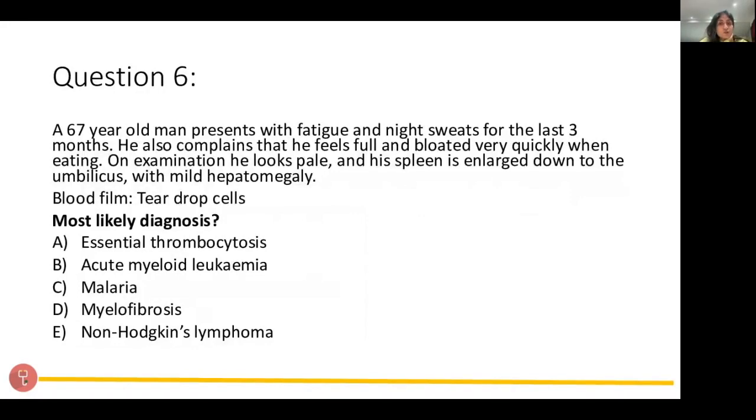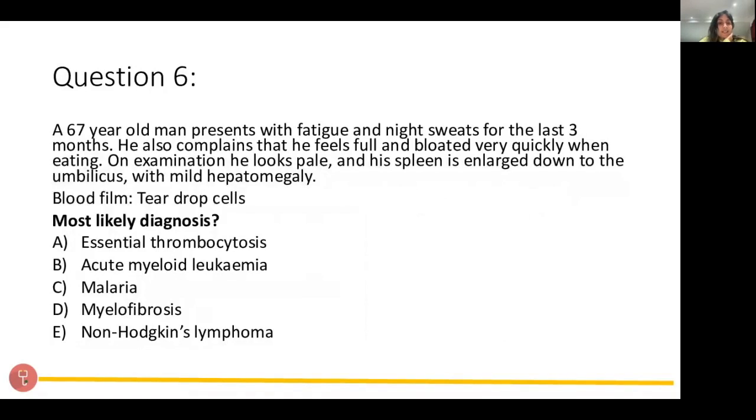So again, everyone's a little bit more torn on this one, but about 70% of you have gone for D, which is myelofibrosis, and then a few of you have picked a couple of the other answers. So the majority of you are right. The answer is D, myelofibrosis. The reason being, myelofibrosis is what we call a myeloproliferative disorder.